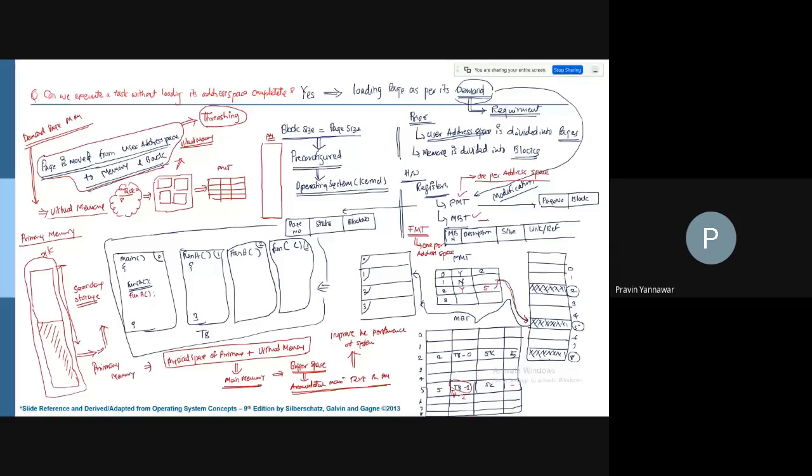This page map table is one per address space. Then the memory block table: if you look at this memory block table, this is one in a system. So we just have one of this. And the file map table is one per address space, right?